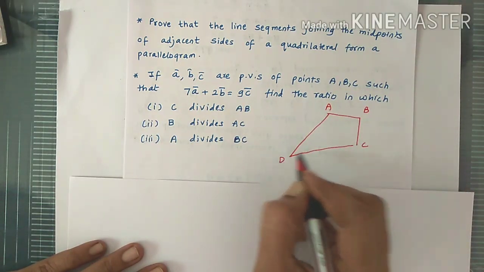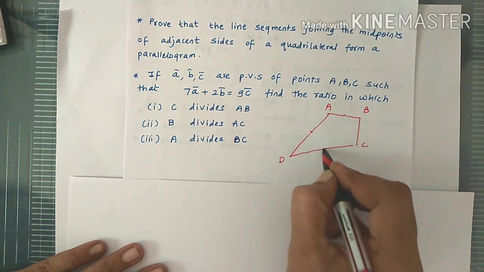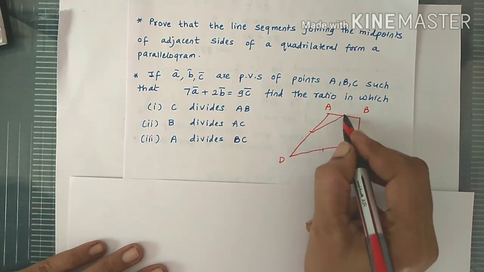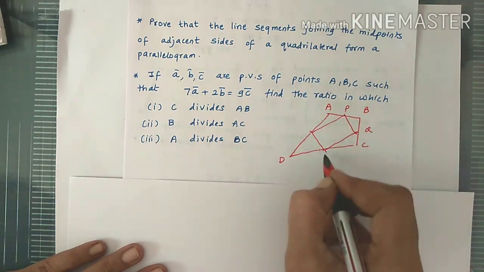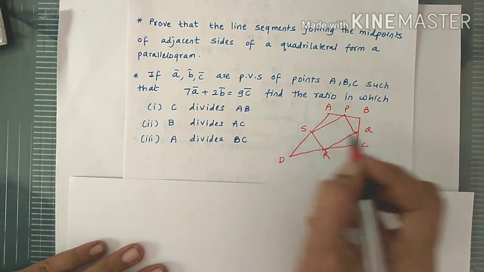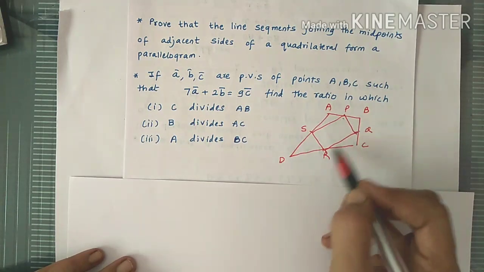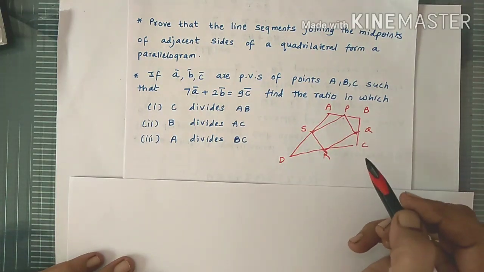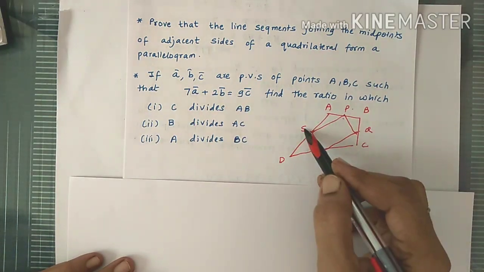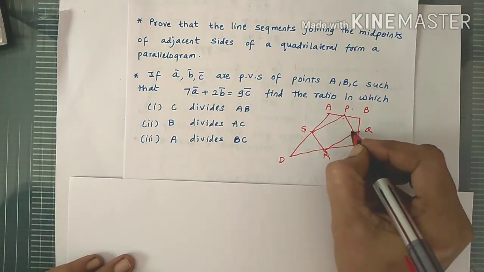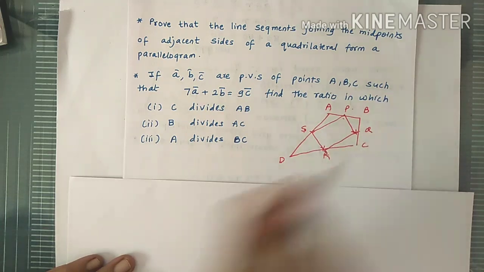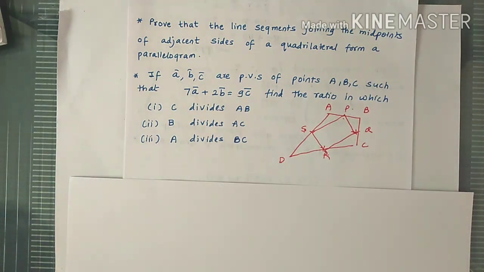We have to prove that the line segments joining the midpoints of the quadrilateral, say PQRS, form a parallelogram. So write p bar, q bar, r bar and s bar using the midpoint formula, and prove that PQ bar is equal to SR bar. It's enough to prove PQ bar equal to SR bar to prove that quadrilateral PQRS is a parallelogram.